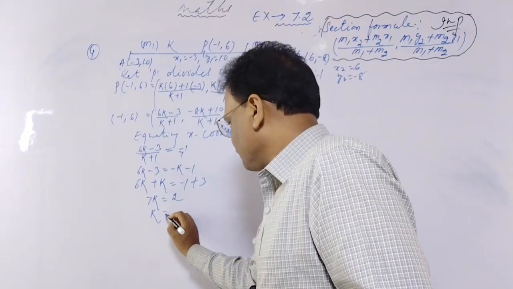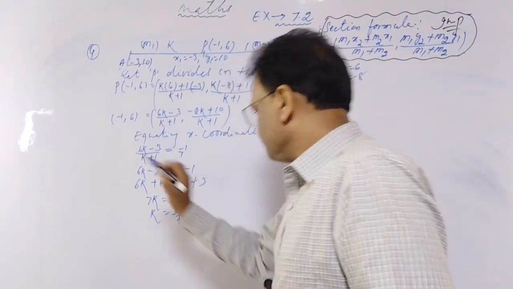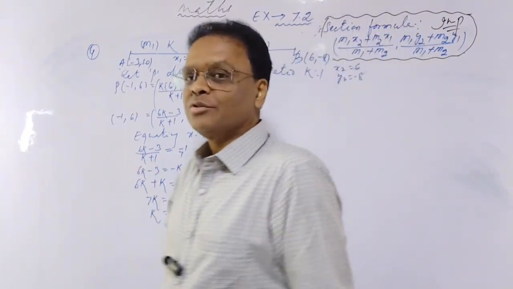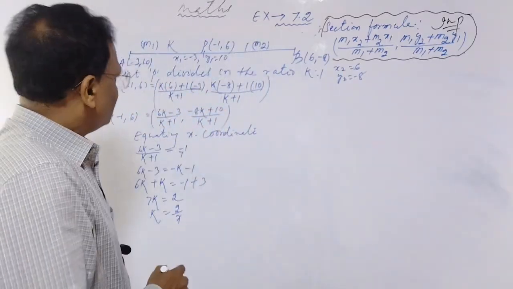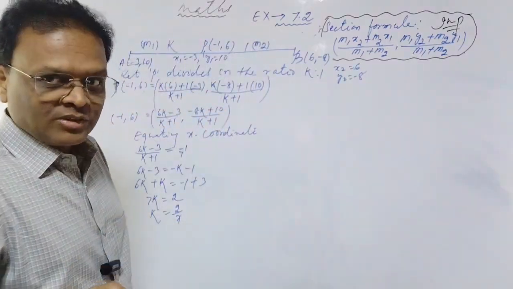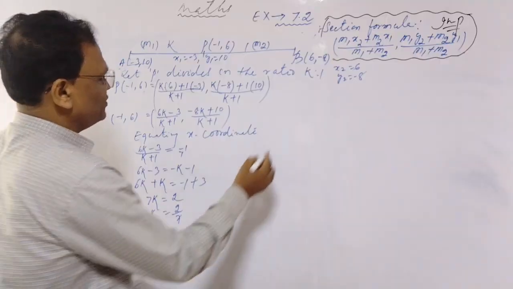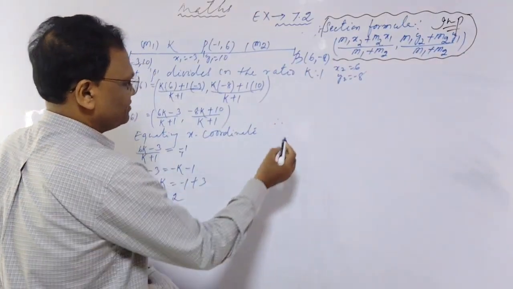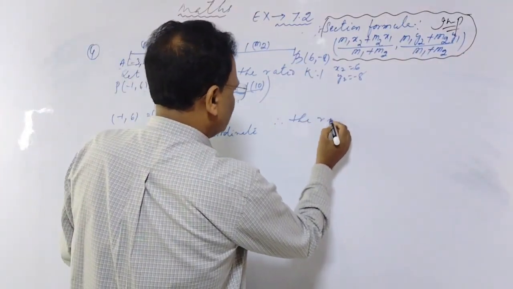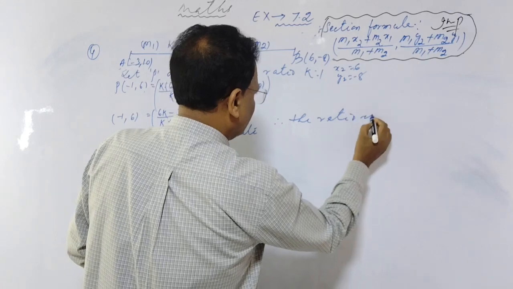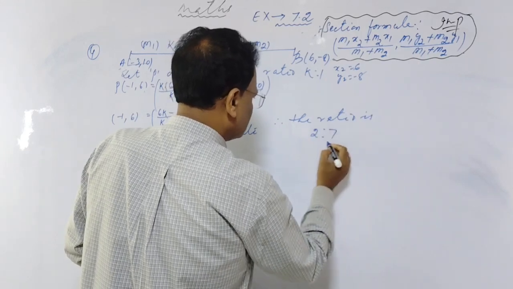Therefore, k is equal to 2 by 7. That means the ratio is 2:7. Therefore, the ratio is 2:7.